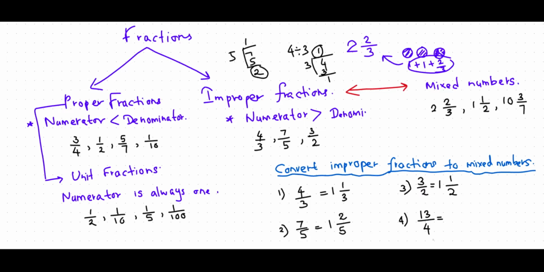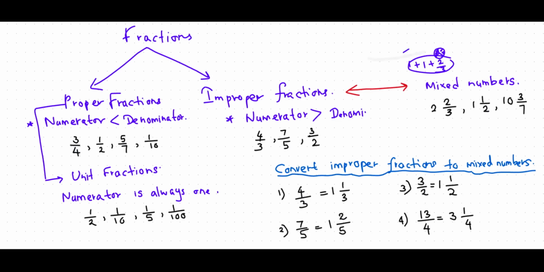So 3 is the whole number. Denominator is 4. Numerator comes as the remainder. It is 1. I know you all know these ones. This is just to remind.